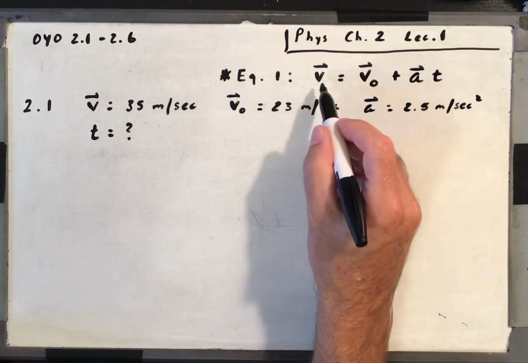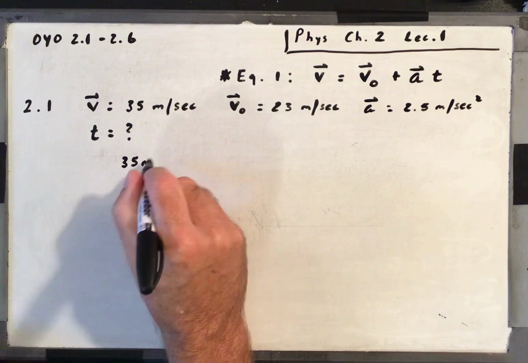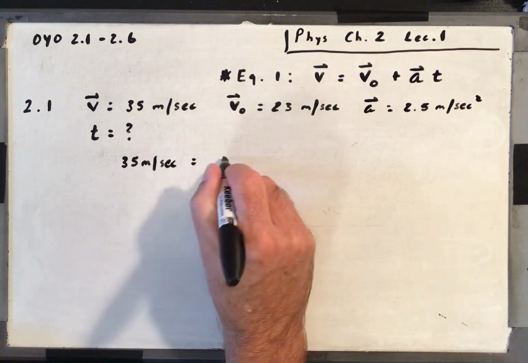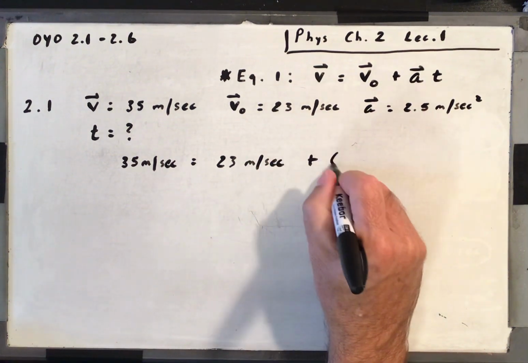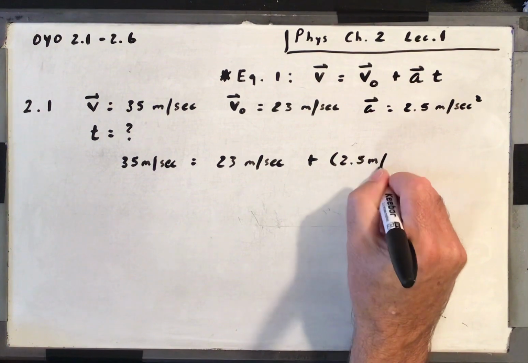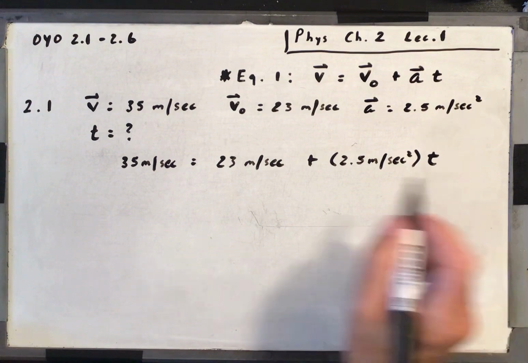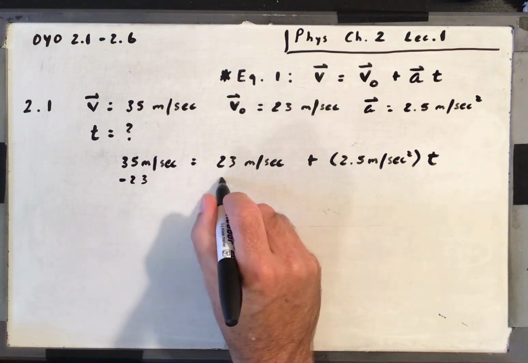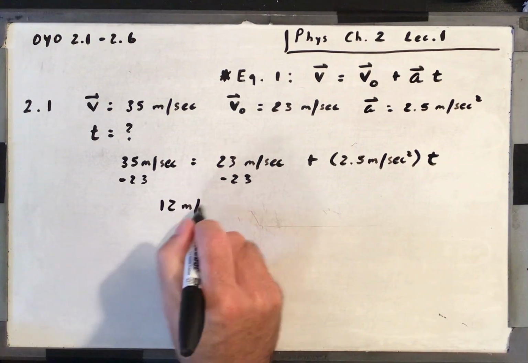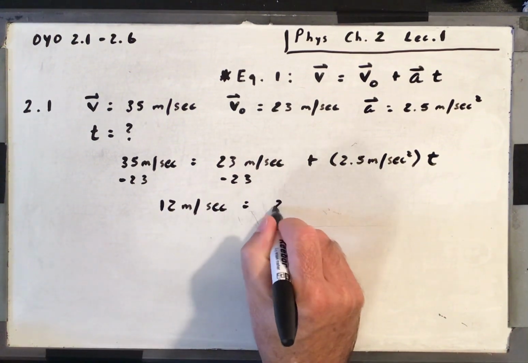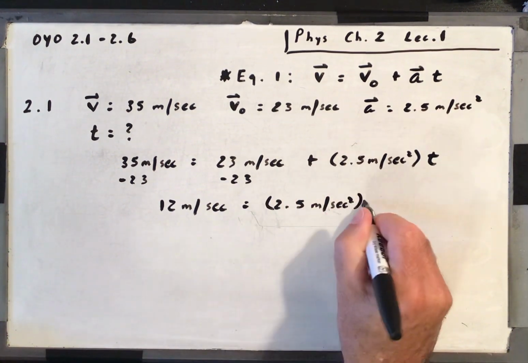So it's really just a matter of plugging into this equation. We have 35 meters per second is equal to 23 meters per second plus acceleration 2.5 meters per second squared times time. Let's subtract 23 from both sides. Usually I won't show this step, but that would be 12 equals 2.5 times time.